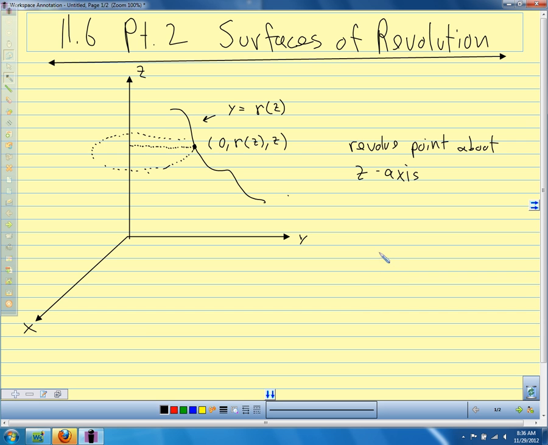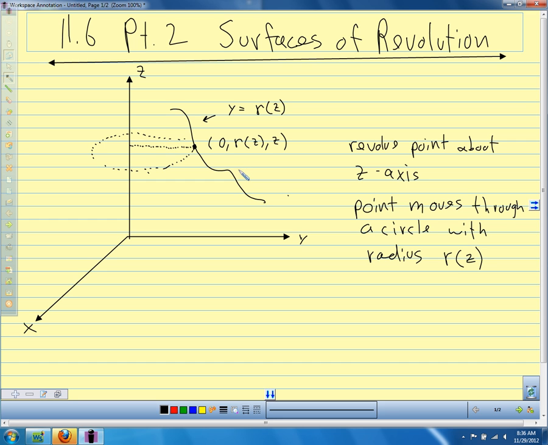So the point describes a circle, and the radius of that circle is just our function, r of z, our y coordinate. And if we join together all these points as we revolve this curve around the z-axis, we get a surface.